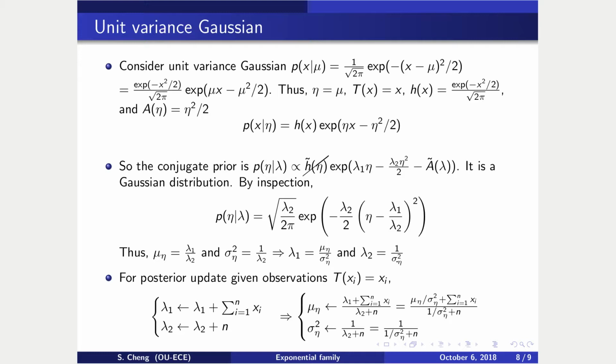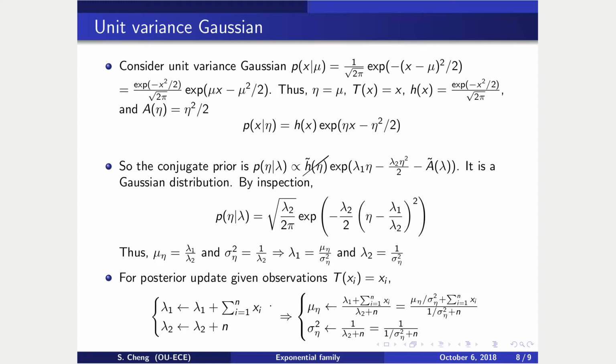So with the PDF of the conjugate prior written down, we can do the Bayesian update with observations readily. Let's say I have n observations of the sufficient statistic, which in this case is just x itself. So let's say I have observed n values x_i.